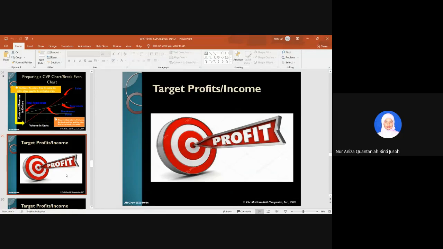Now we are going to look at the next section, targeting the profit. This is the expanded version of the BEP where you add a profit to the fixed cost.